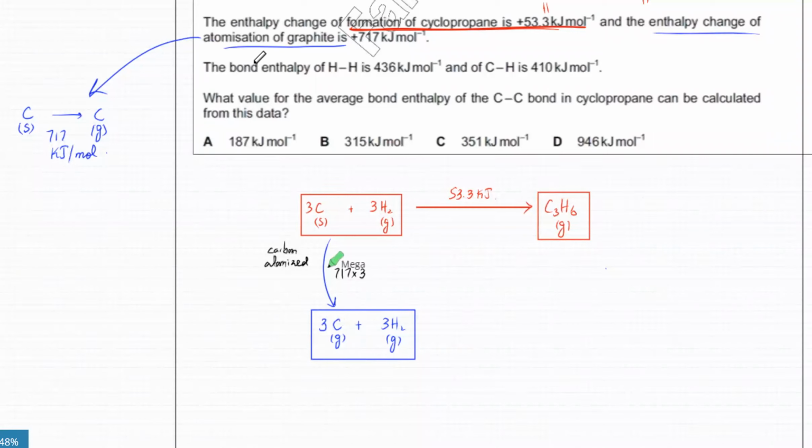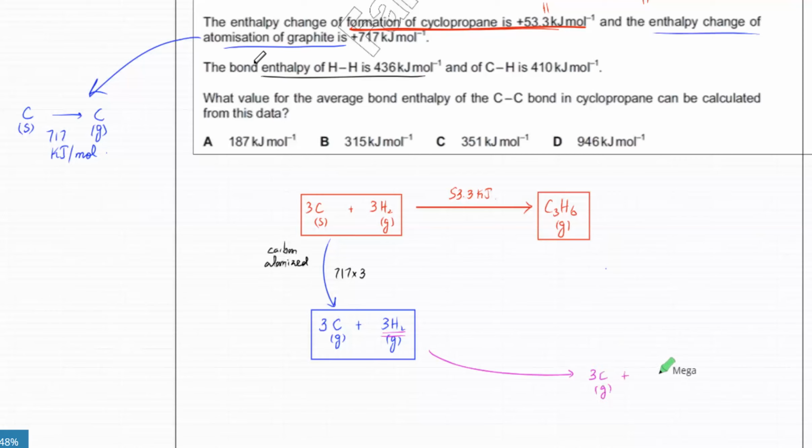He's giving me that the bond energy of HH is 436. So what I'm going to do with that is break the HH bond. Do you see the HH bond? I see those H2 bonds over here. Let's keep carbon as it is, not touching the carbon.